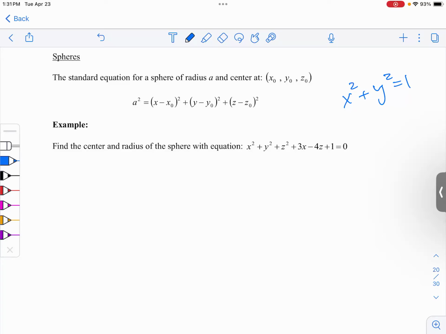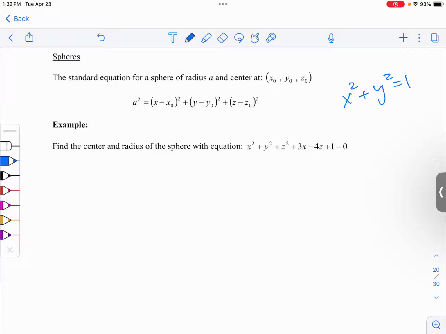The unit circle has radius 1 because it always has the form a squared, so to make a radius of 2, this would become a 4. So basically the general equation of a circle expands to a sphere. 2D to 3D is actually pretty simple. It's really just about remembering the generic equation of a circle and then expanding that definition.